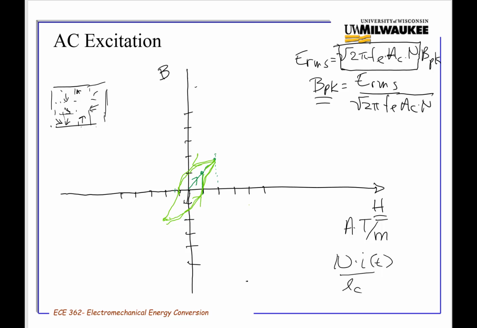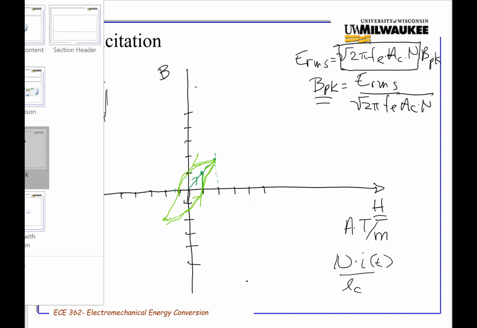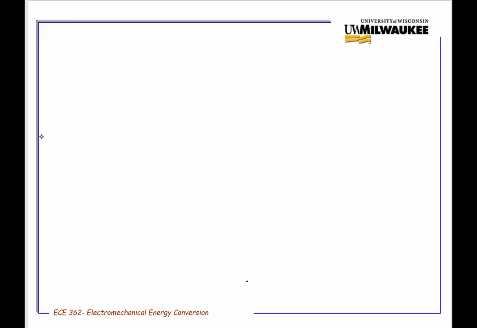So you have a test sample that has not been subject to any current thus far, and what you do is you're applying a current, and you're actually taking a setup that looks like this to give you the whole picture. You've got a variable voltage source supply like a variac.